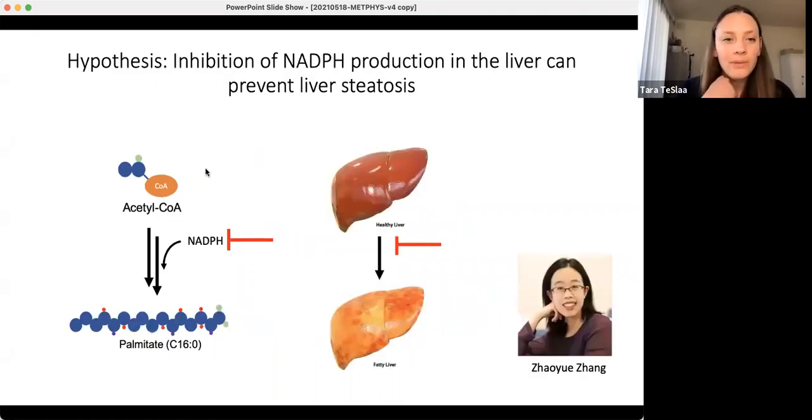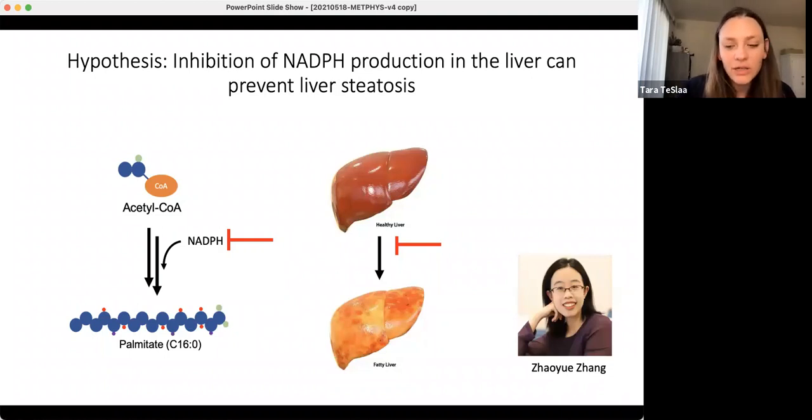So we became interested in whether prevention of NADPH or inhibition of NADPH production could block de novo lipogenesis, and whether this could inhibit the buildup of fat in the liver.